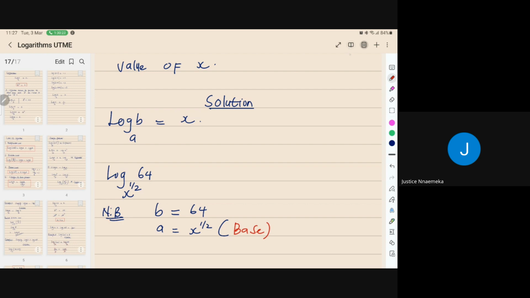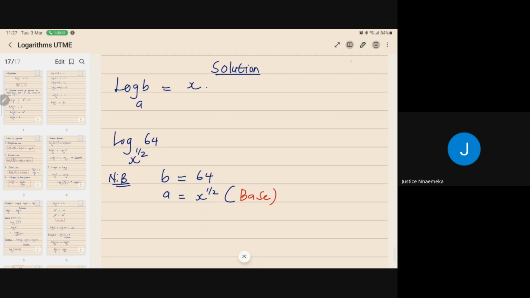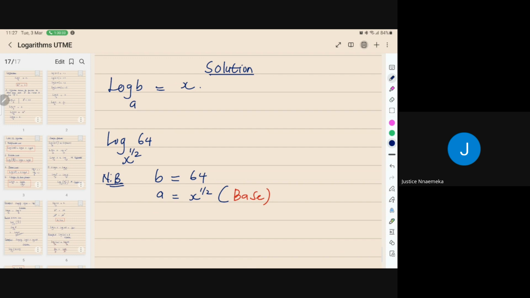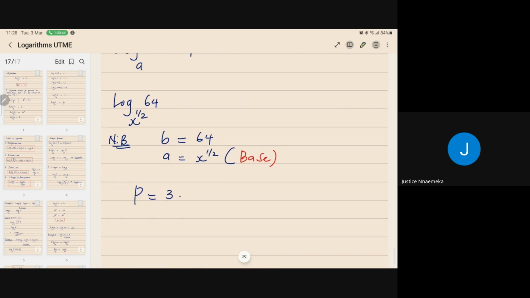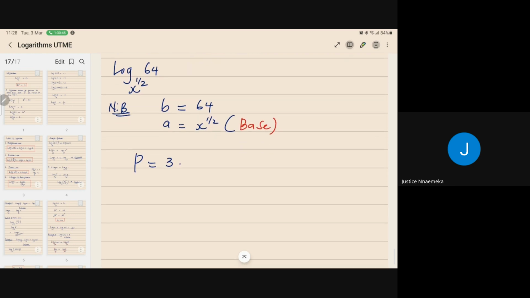Now, but since we have something here, and from our question already, we have that x, right? Or let me call here p, since I have x already. That p here, p is equal to 3. They gave us the value of p already from our question to be equal to 3. Now, remember what I taught you earlier, right?